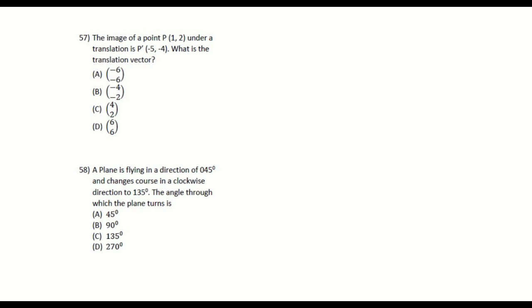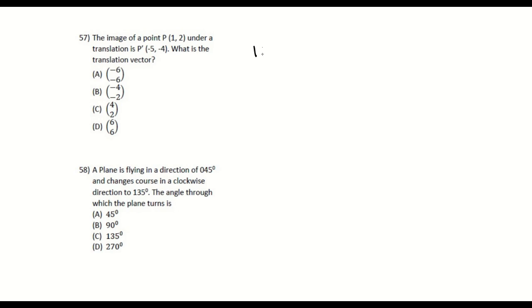Right, this question here, the image of P, 1, 2 under translation minus 5, 4. So we know what is P and image P, they want to know the translation.